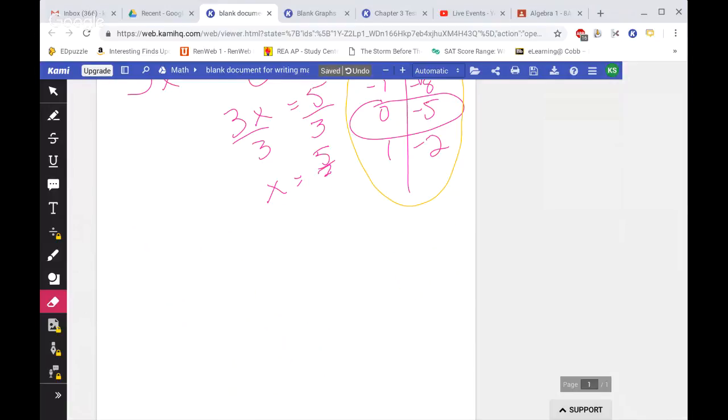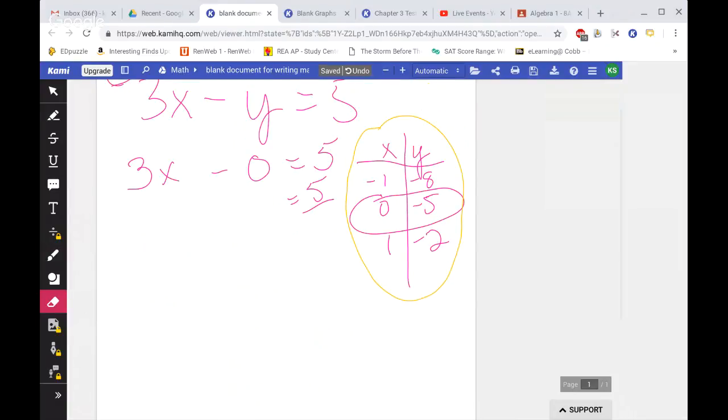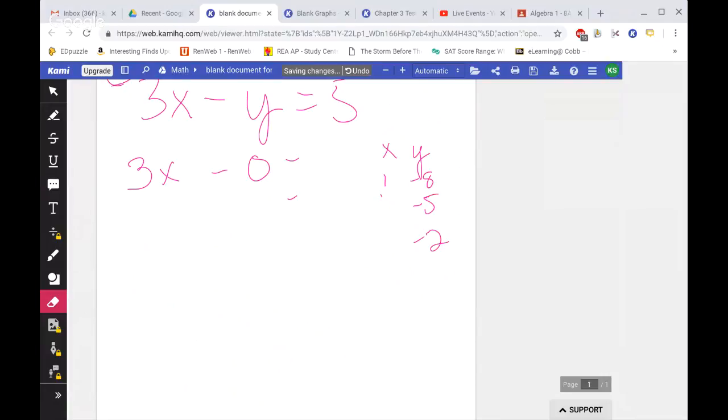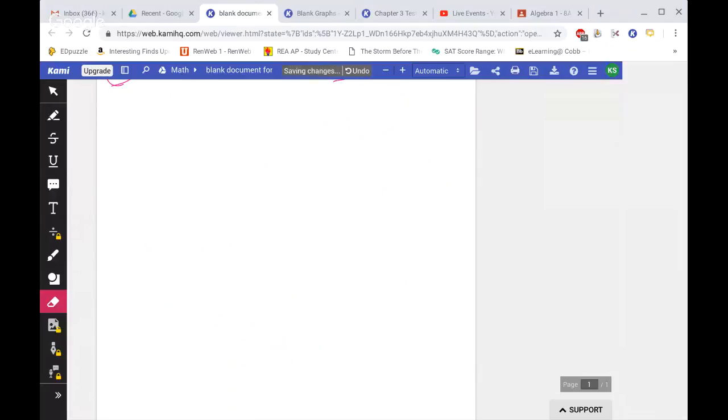You will find that when an equation is given in function notation form, it's already in slope-intercept form. So it makes it very, very easy. Although on the back side of this paper, we're going to see how to fill out an XY table when it's in function notation. That's one of the things it asks us to do.